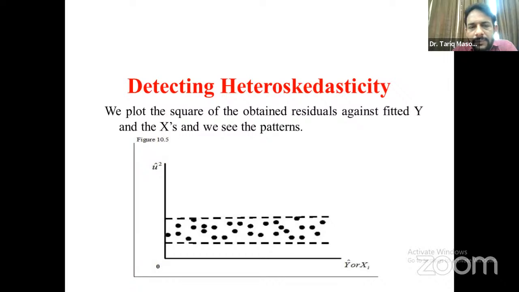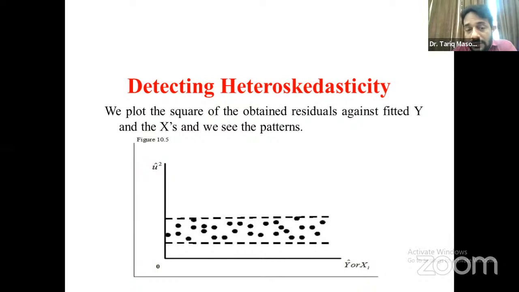Now, the first graphical approach is to plot the squared residuals, u_i cap square, over the values of y cap or x. You can use the x variable on the x axis. You can use either the estimated, predicted values of y, or you can use x. Now if you get such a graph, this is a case of homoscedasticity.